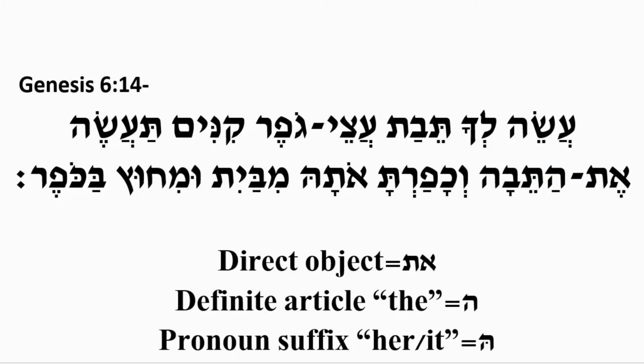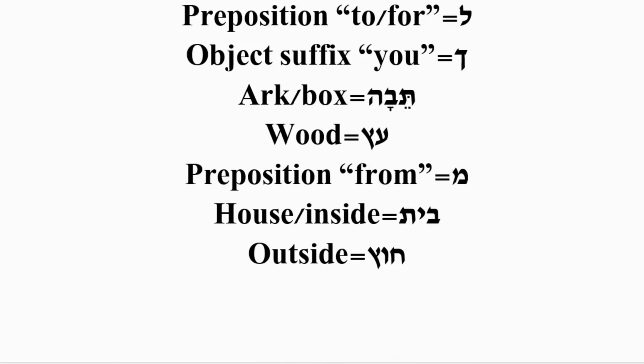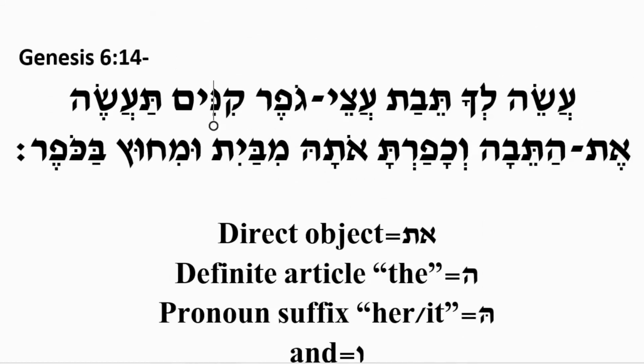Okay. Now we have the kafarta ota. The word kafar means to cover, to cover something. And this is also potentially a play on words by the author, kafarta ota mebait umechutz bekofer.